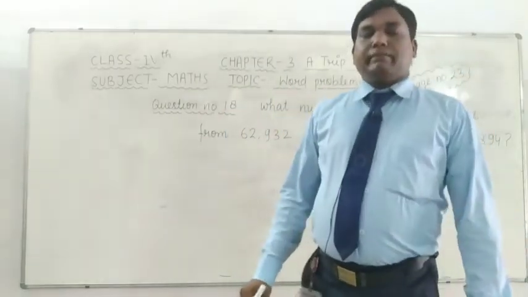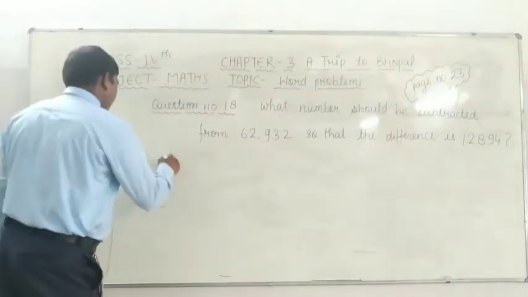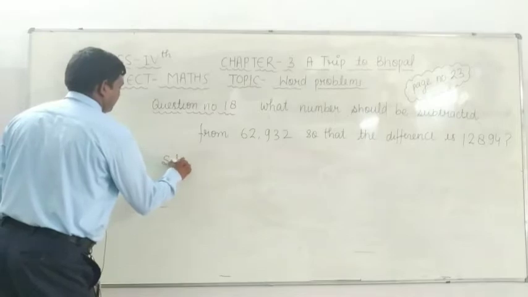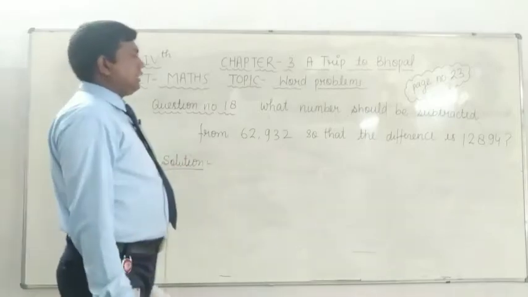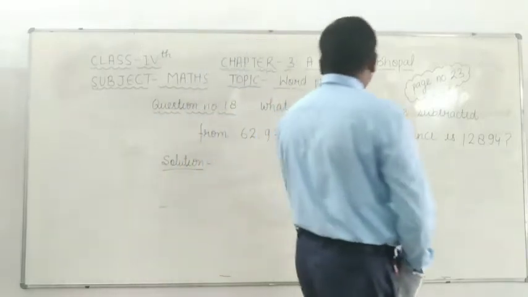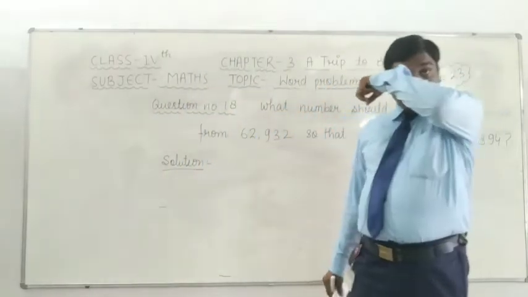It means that we have to take the subtraction of this and this, then we get the answer of this question.